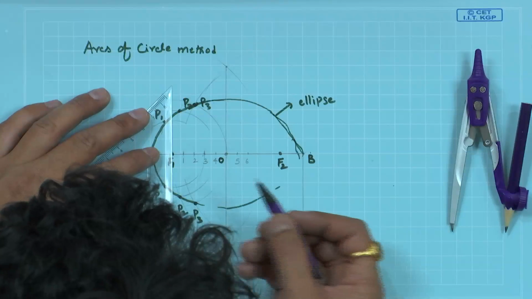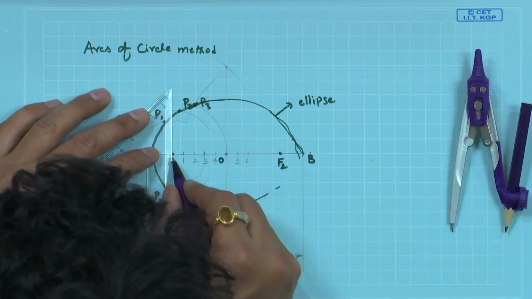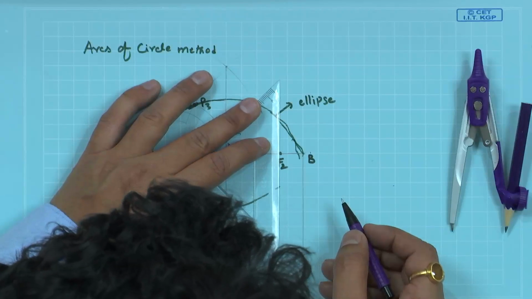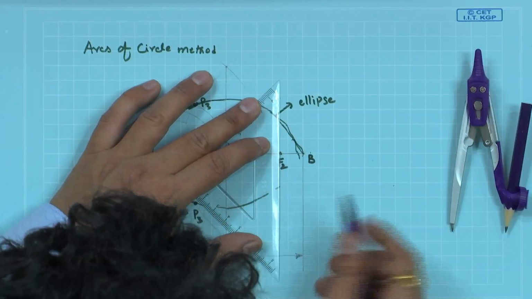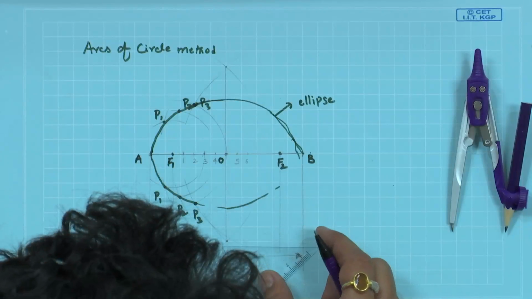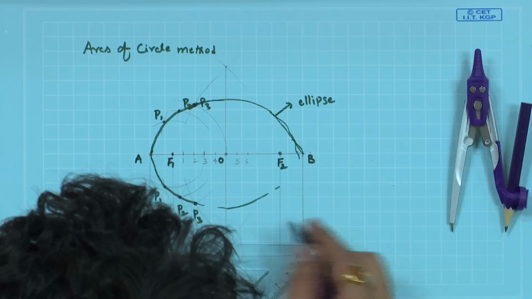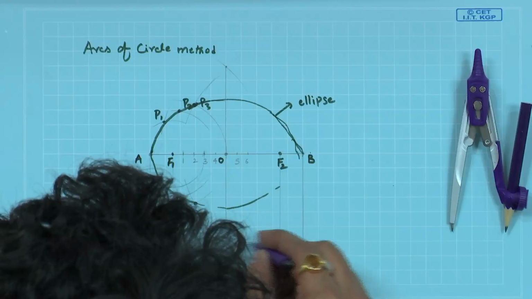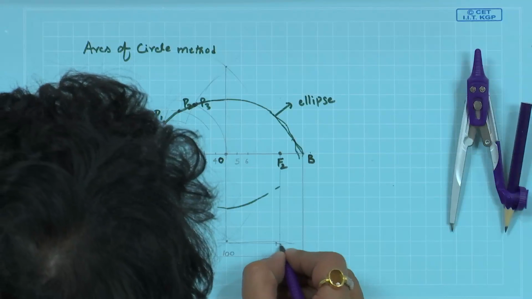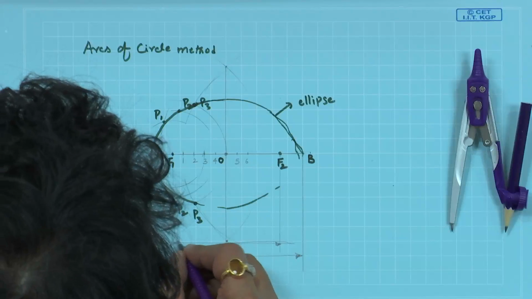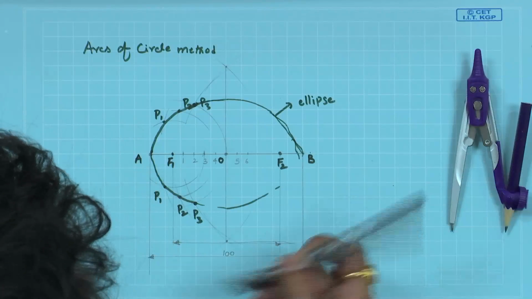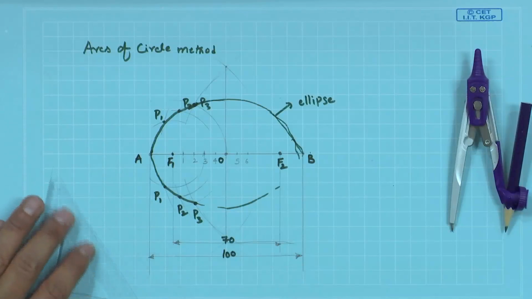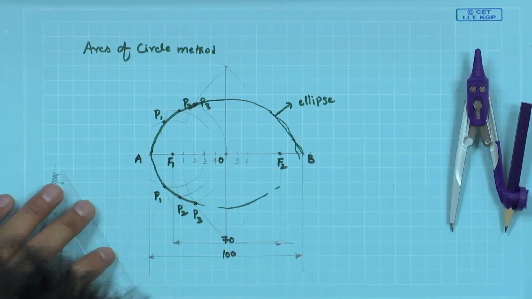Smaller dimensions will always be inside, that is the standard convention we are going to use. The construction procedure can be much lighter instead of darkening it. So, this one is 70 and this one is 100, the distance between foci.